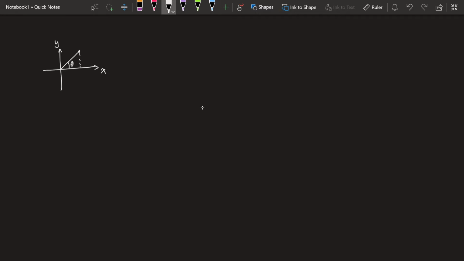So we know that x is r cosine theta and y is r sine theta. So cosine theta is x over r and sine theta is y over r.